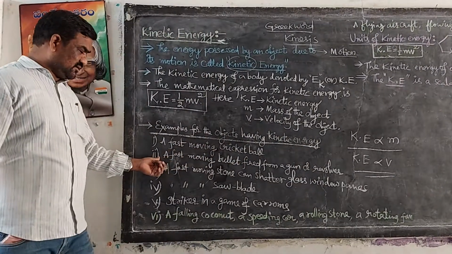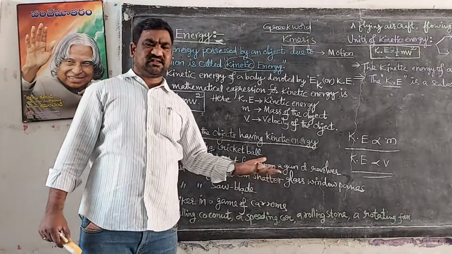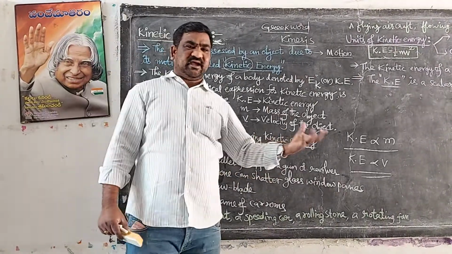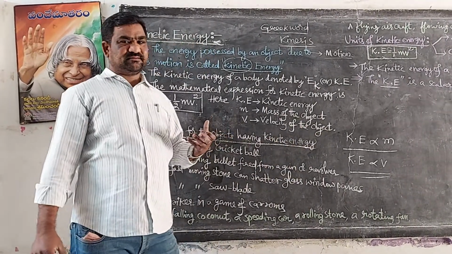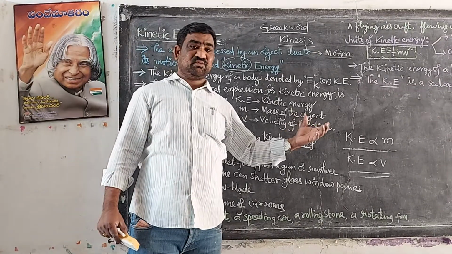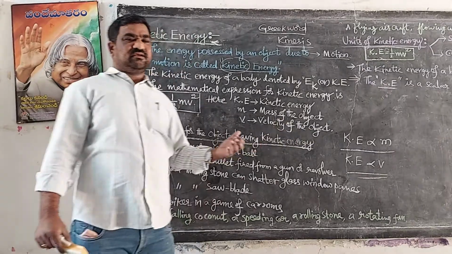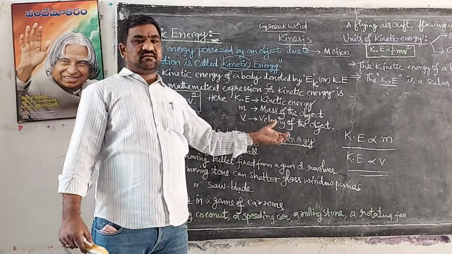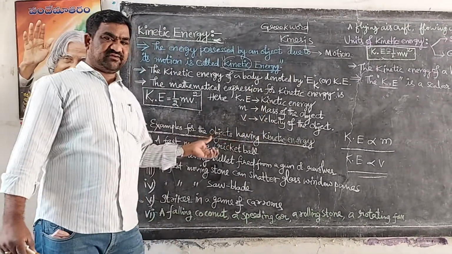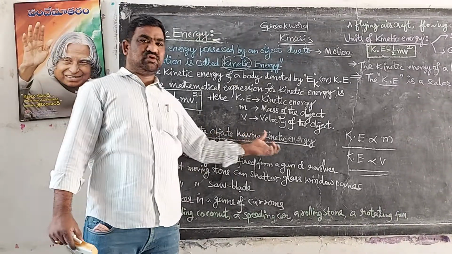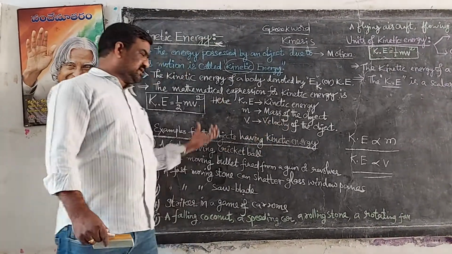In the same way, a fast moving bullet. Generally we can handle a bullet in our pocket, but when the same bullet is fired from a gun or revolver, we are not able to stand in front of it. Why? Because the moving bullet has kinetic energy.